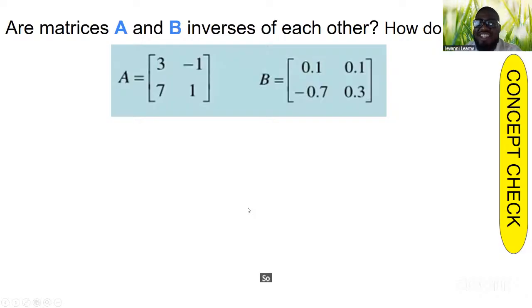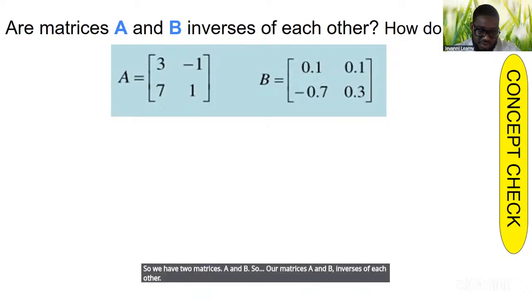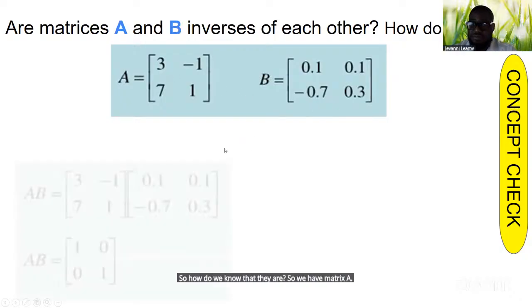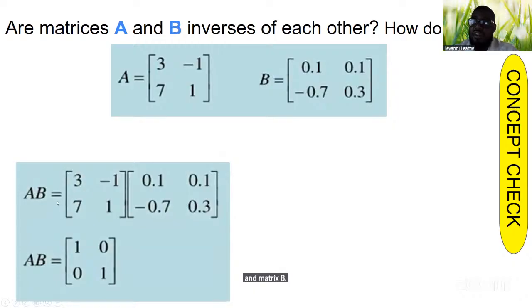So we have this one, just a concept check. So we have 2 matrices, A and B. Are matrices A and B inverses of each other? So how do we know that they are? So we have matrix A and matrix B. Now, you might say, oh, let's multiply them and see what we get.